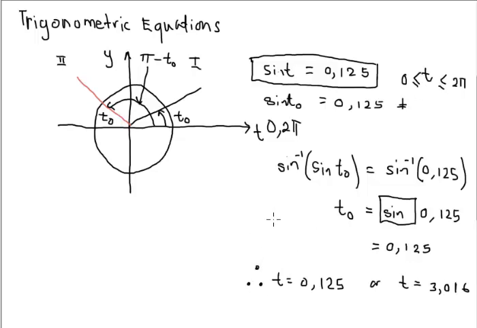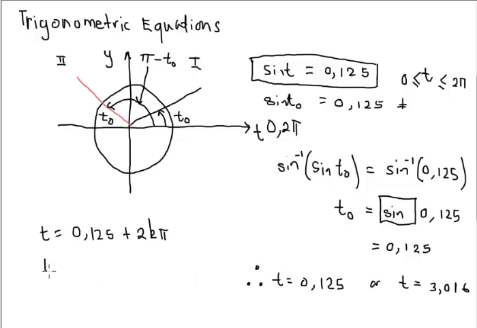If I were to give a general solution throughout the domain of sine, I would then say one solution set is T equals 0,125 plus 2k pi. Why 2k pi? Remember we said these values repeat themselves every 2 pi.